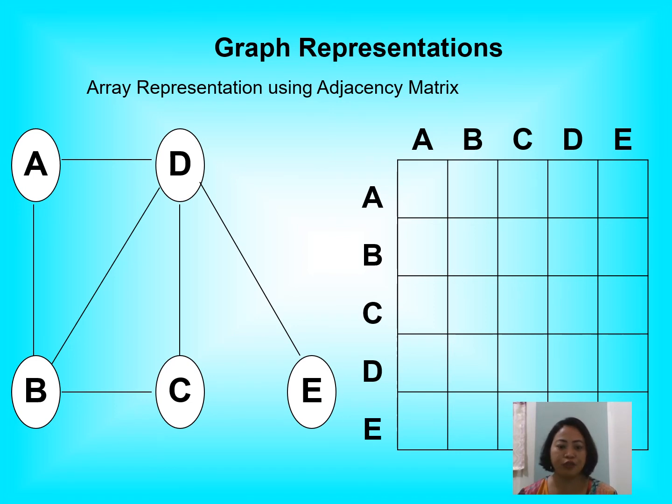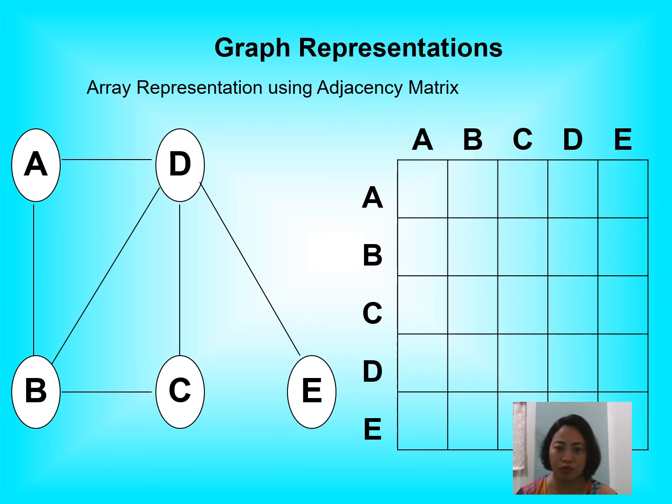all we have to do is write a value of 1 if it has an edge connecting to that vertex. Otherwise, write 0. Okay, so let's start from A. This is how you create the matrix. It's like a 2-dimensional array, a two-dimensional table consisting of rows.